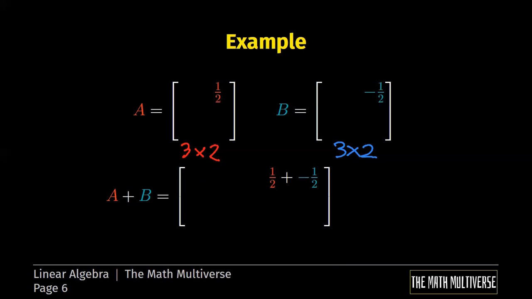Then we go on with the second element, A12 plus B12, which for us is 1/2 plus minus 1/2. Here I didn't put the brackets because with colors it's sufficiently clear. Let's go on with the third element, pi square plus minus pi square, and the fourth element, minus pi plus 2 pi.